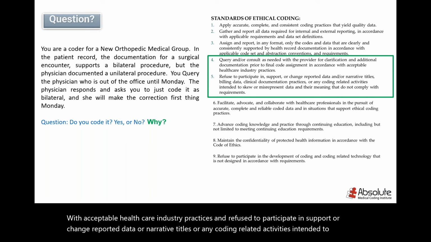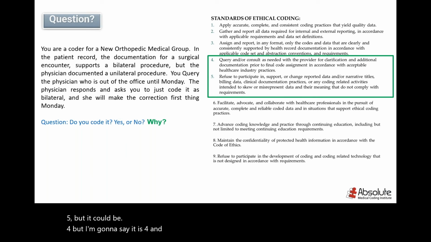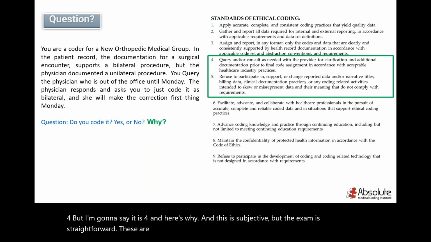I don't think 5 is intended to skew or misrepresent, right? So it may not be 5, but it could be 4, and I'm going to say it is 4, and here's why. And this is subjective, but the exam is straightforward. These are just to kind of get you using these.